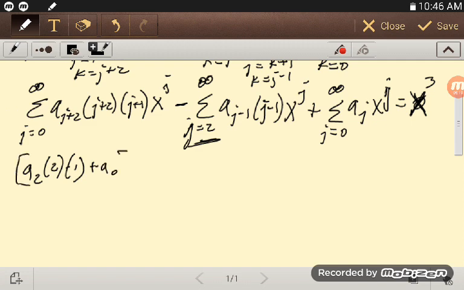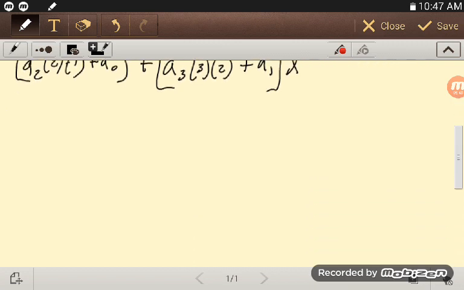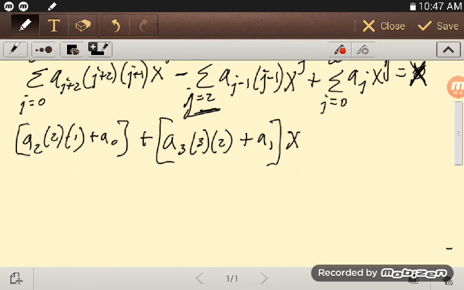So I have that as my j equals 0 plus, when j equals 1, I have a3 times 3 times 2 times x to the 1, and then plus a1 x. Oops, got the thing too close again.